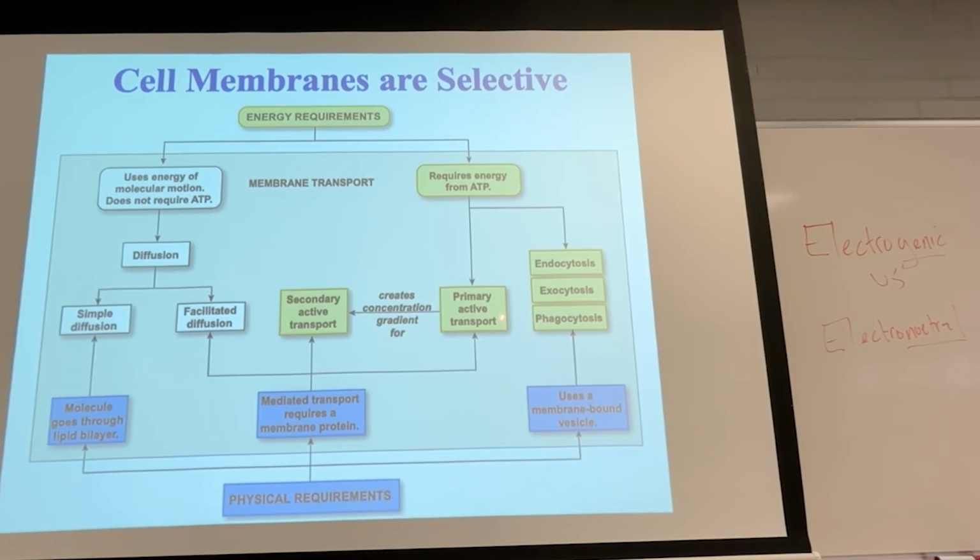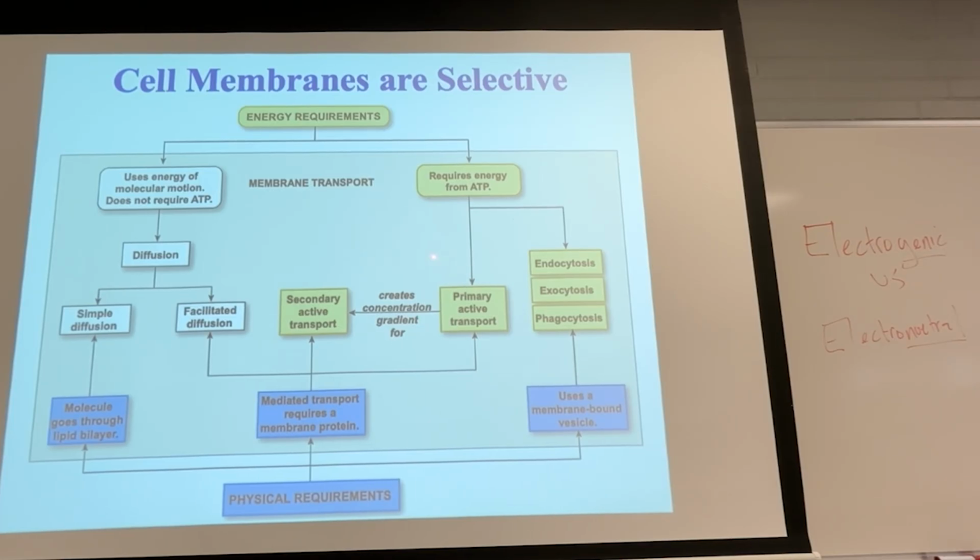So what pumps do is pump things from low to high, not from high to low. So they're pumping materials, ions, other solutes from a low concentration to a high. We're continuing to increase the concentration on one side of the membrane. So primary active transport uses ATP directly to do this, to build concentration gradients.